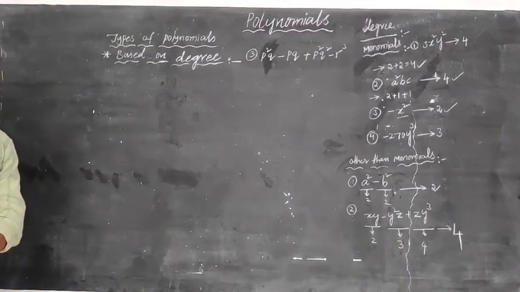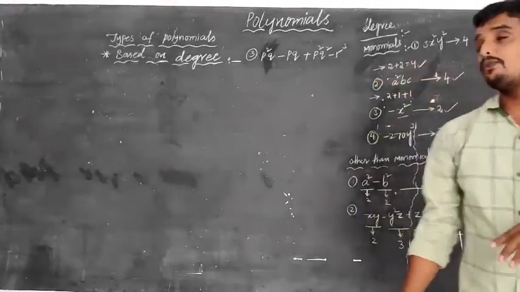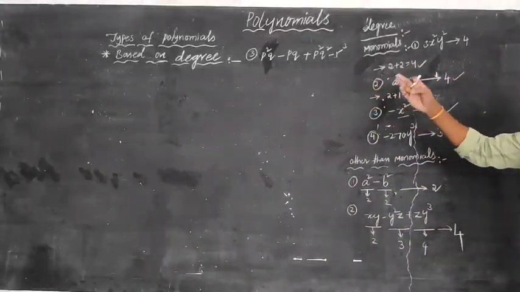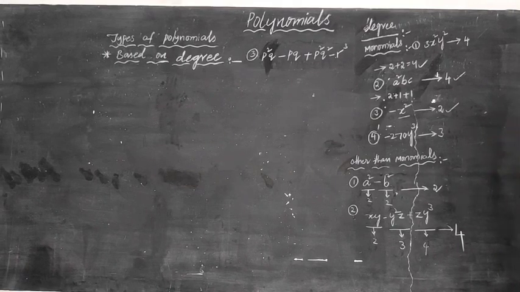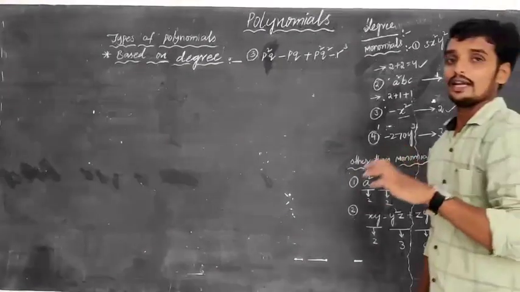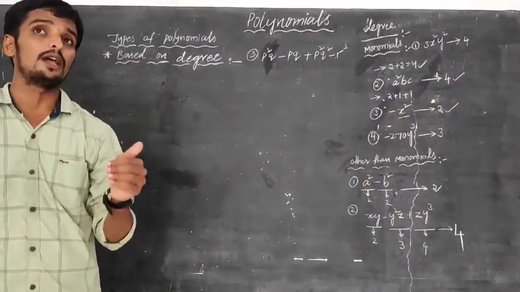The given polynomial has 4 terms, 4 unlike terms. Here the first, second and third terms have p and q, but their exponents are different. In the first term p square, in the second only p. The first term has q, the second q, but the third term has q square. Those are unlike terms. If the variables are equal but the exponents are not equal, then the terms are unlike terms.